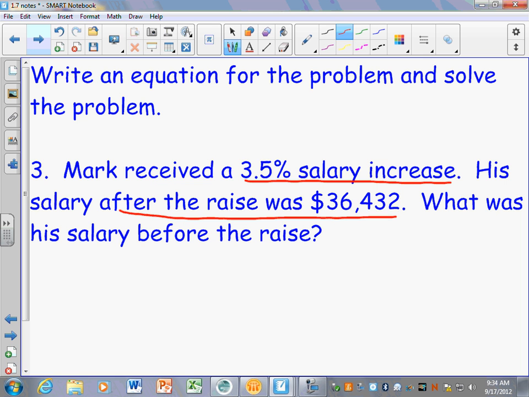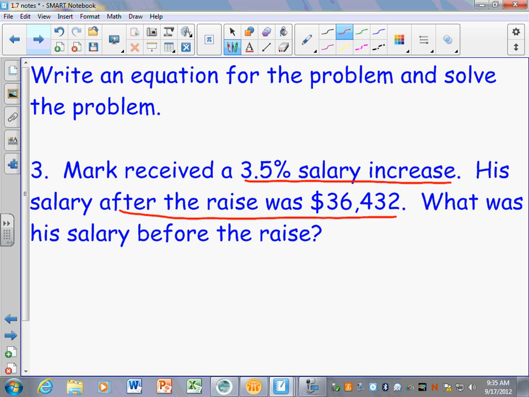And I want to know what was his salary before the raise. So what was the original salary before that 3.5% increase? So you definitely can just type some numbers on your calculator and you can probably come up with the right answer. But I want you to write an equation to represent that situation that would also get you to the right answer.